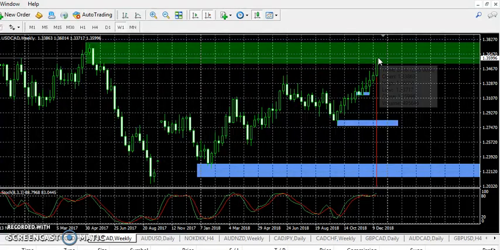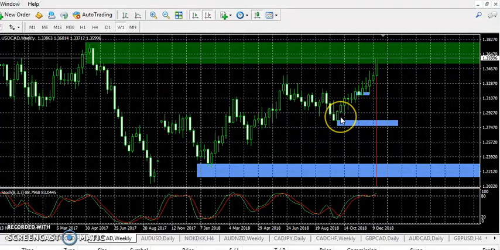So what we can expect for the weekly is a structural retest of this to go higher, or we wait for the weekly demand zone to be taken out, telling us that more sellers are coming into the market and we have to change our perspective on the market.